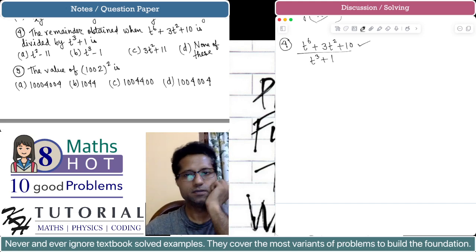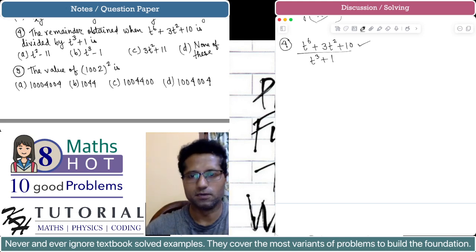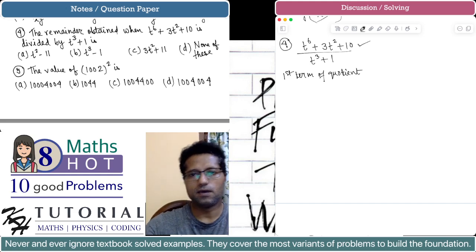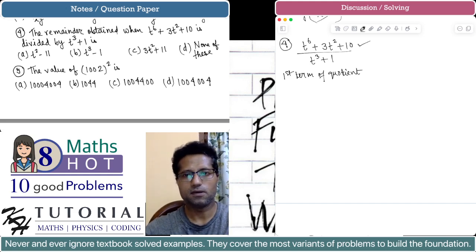The easiest way to find what will be the remainder is by doing the long division method. So let's straight away do the long division method of this division. When we divide the polynomial of degree 6 by t cube plus 1, the first term of the quotient will be the first term of the dividend divided by the first term of the divisor.